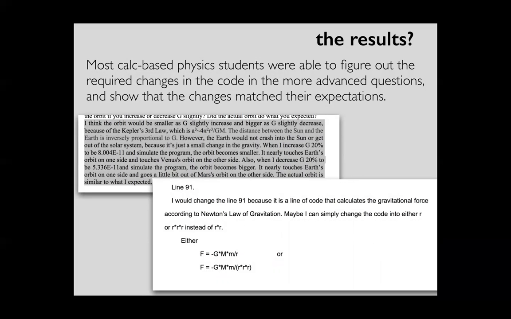For example, figuring out the syntax that would be necessary to change the 1 over r squared law to a 1 over r cubed law, figuring out what would happen to an orbit if I changed Newton's gravitational constant to something larger, and so on.